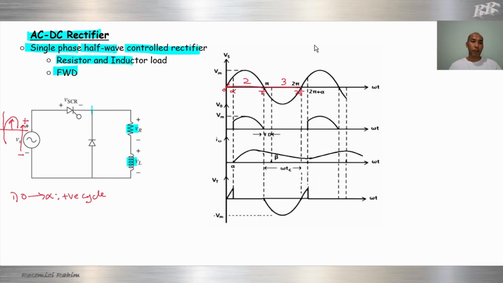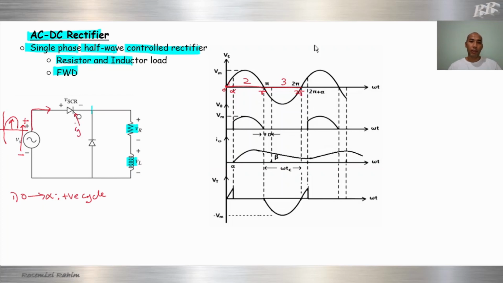So we know that current will flow from the positive terminal to our SCR. We know the characteristic of SCR: to switch on the SCR, we need to inject gate current to the gate terminal.